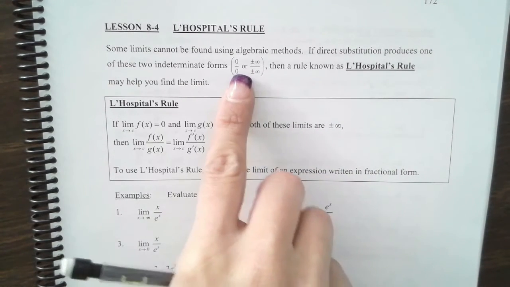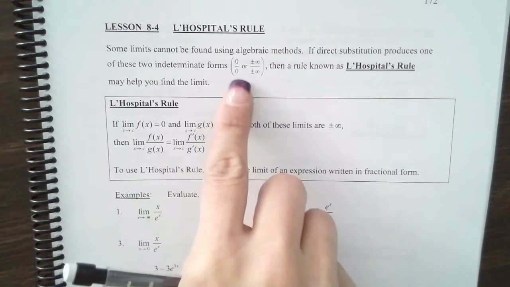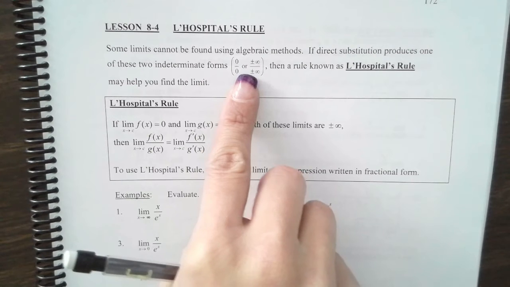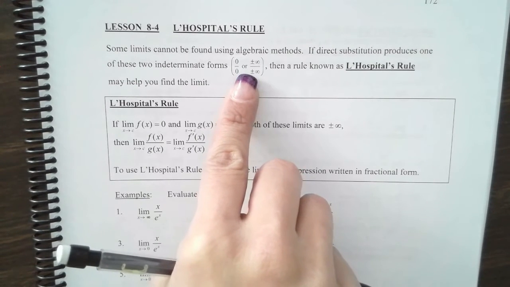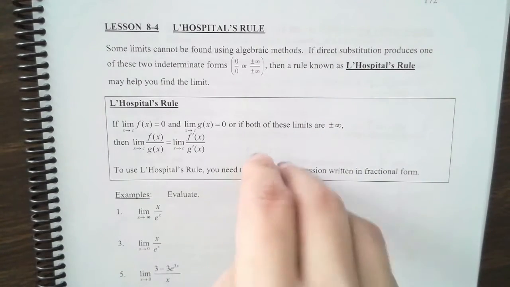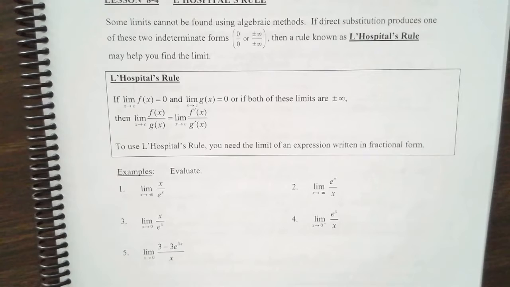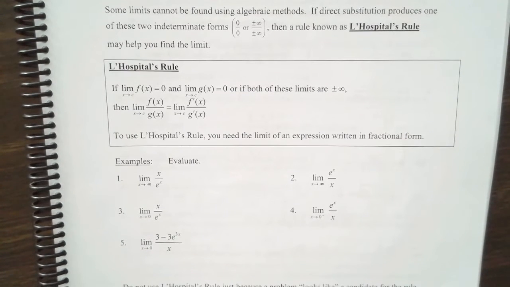In the past, when we got an indeterminate like this, we would see if there was any way algebraically that we could cross things off, like factor and things like that. But what happens when we're dealing with stuff that's not easy to recognize? Well, we can use L'Hopital's rule.